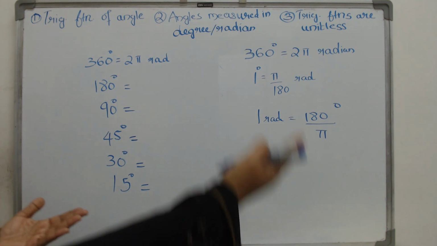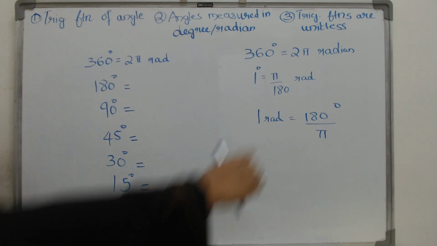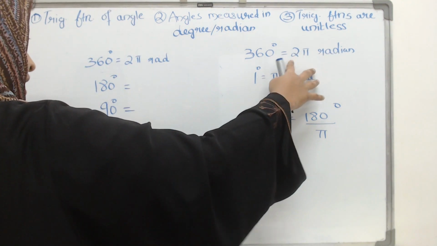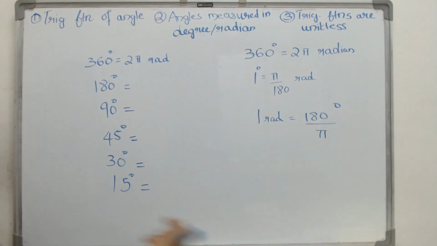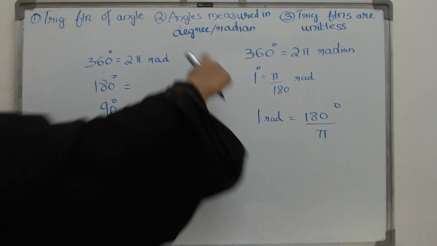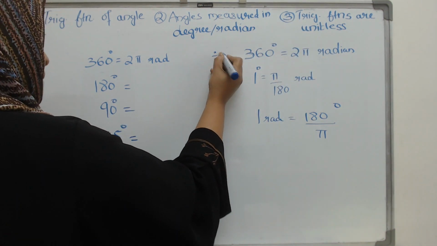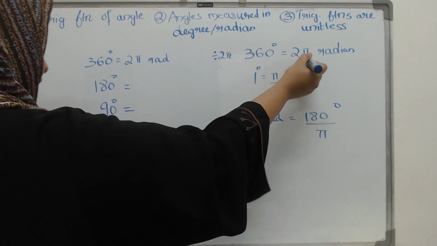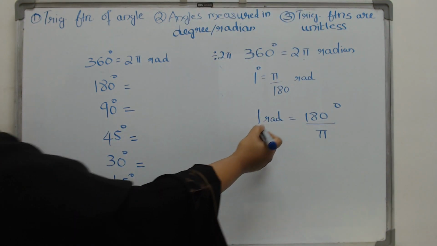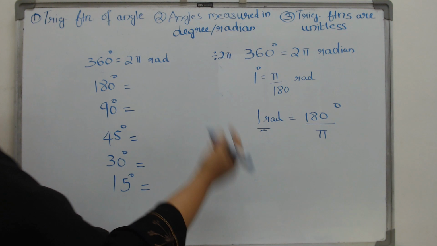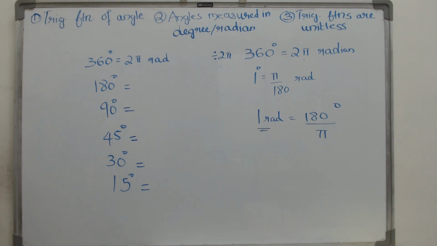Now let us find it the other way round. How will you get 1 radian? Here you have the value for 2 pi radian. How will you get it for 1 radian? Divide throughout by 2 pi. You have for 2 pi, divide throughout by 2 pi, then you will get the value for 1 radian. 1 radian is 180 by pi degrees.